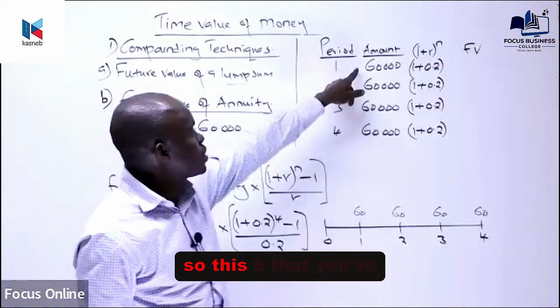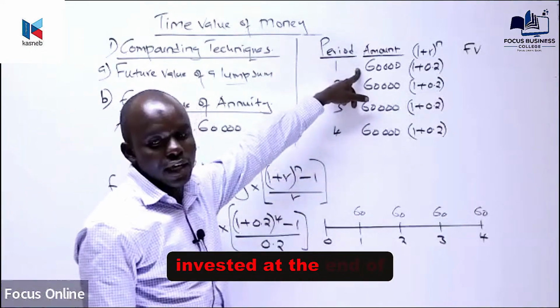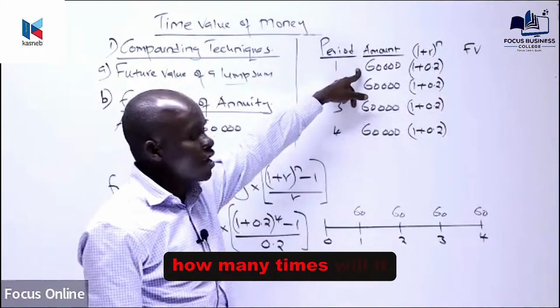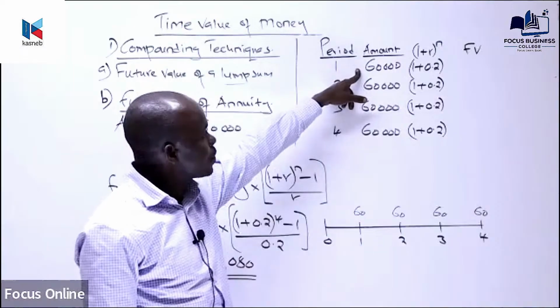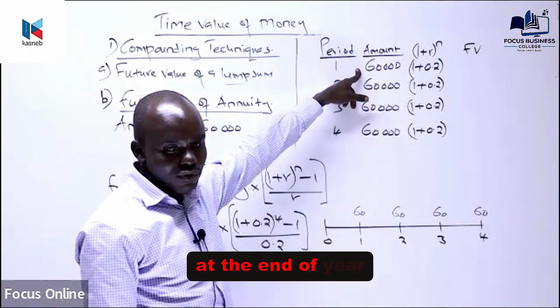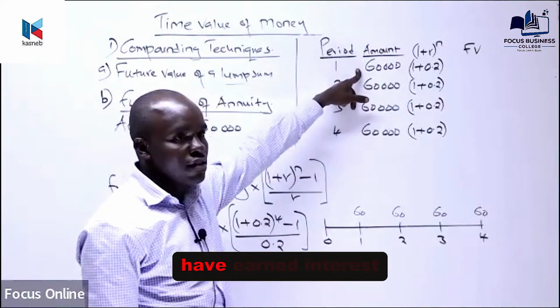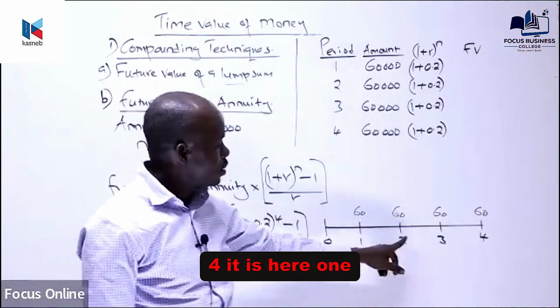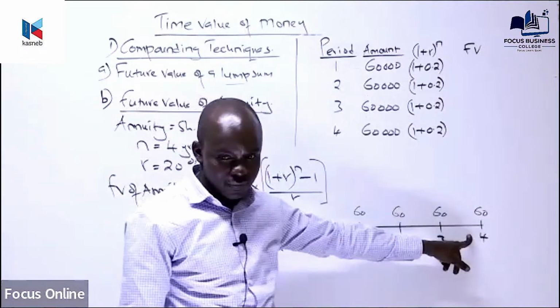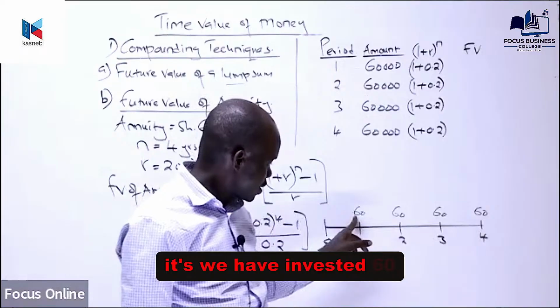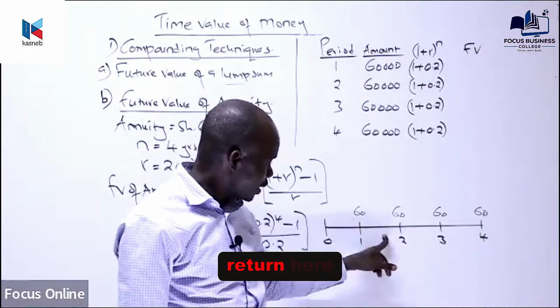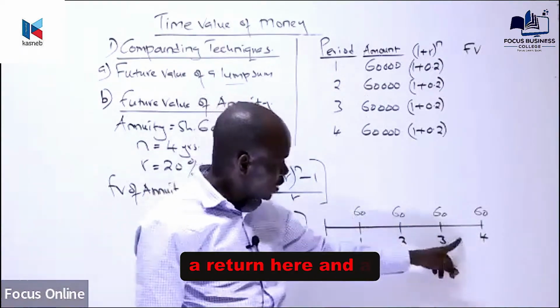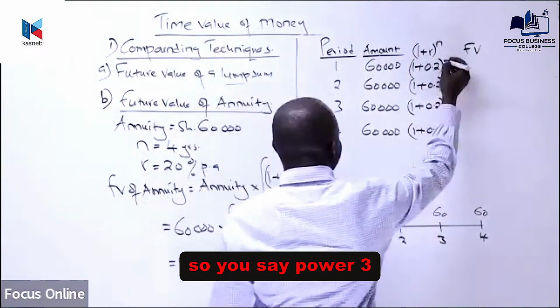The 60 that you invested at the end of year 1, how many times will it have earned interest at the end of year 4? It is here: 1, 2, 3. It will earn a return here, a return here, and a return here. So you say power 3.